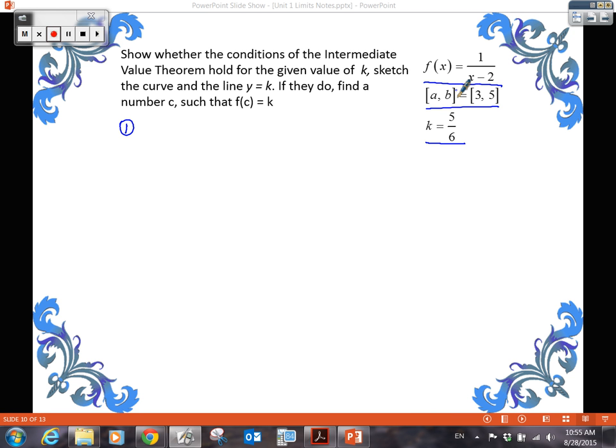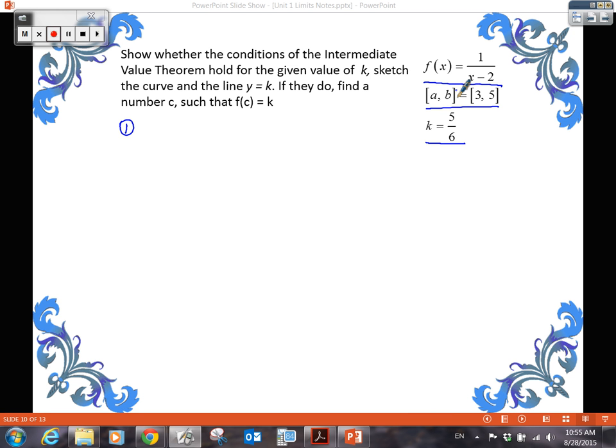On the AP test, when we're looking at continuity on an interval, they call it by inspection. We're saying it's continuous by inspection because we have a lot of math knowledge in our heads. We can sometimes just look at stuff and know whether it's continuous. They allow us to do that on the test.